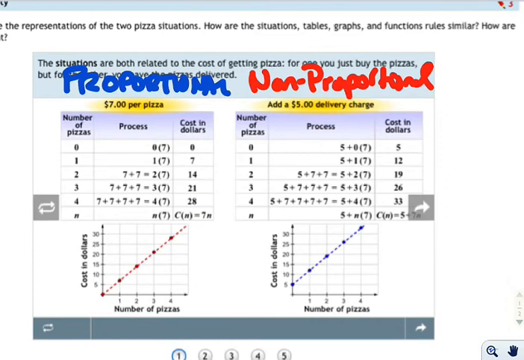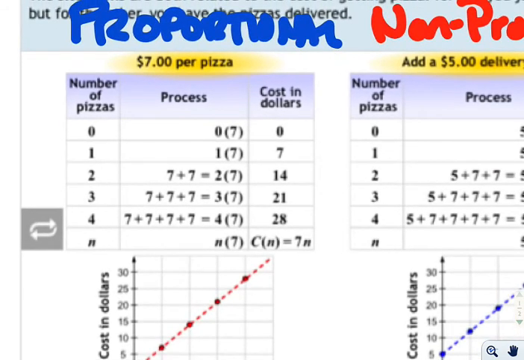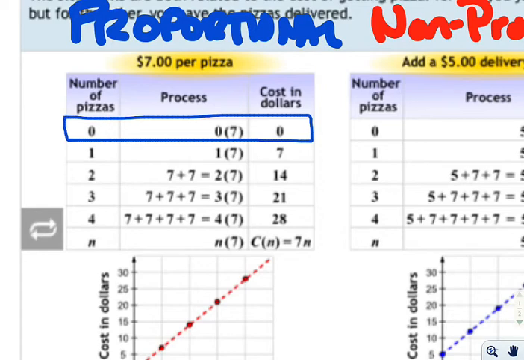But the biggest difference between the table on the left and the table on the right has to do with where it starts. And when I say starts, I mean when x equals 0. If we look at the start value when x equals 0, we should notice that y is equal to 0 as well.